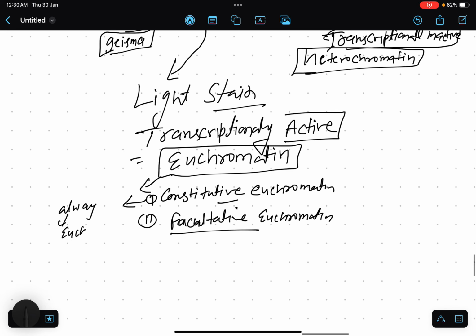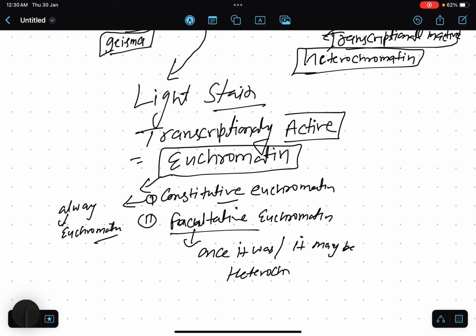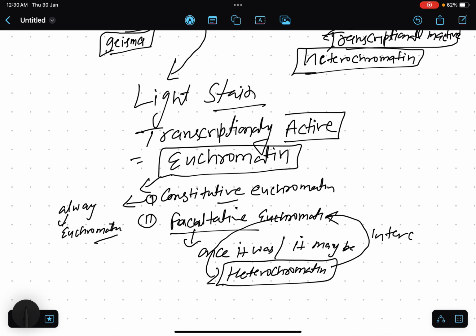It always remains as a euchromatin. But the facultative euchromatin, once it was, or it may in future be heterochromatin, or it may be heterochromatin which converted into euchromatin. So it is an interchangeable form in the various phases of life. That is known as the facultative.